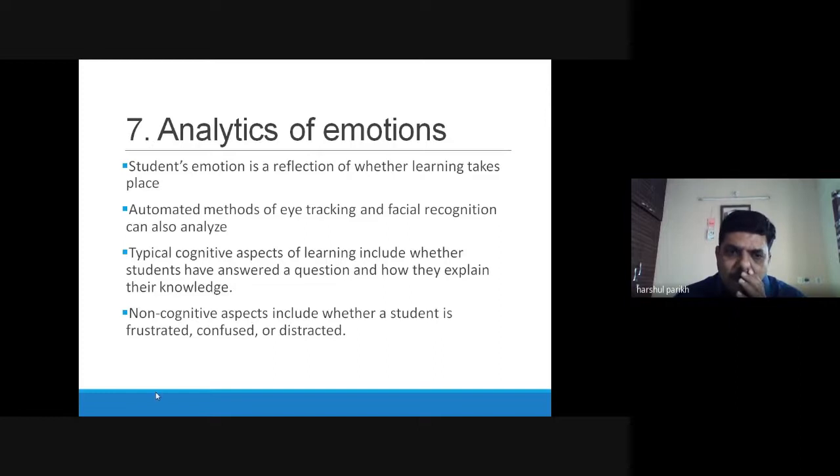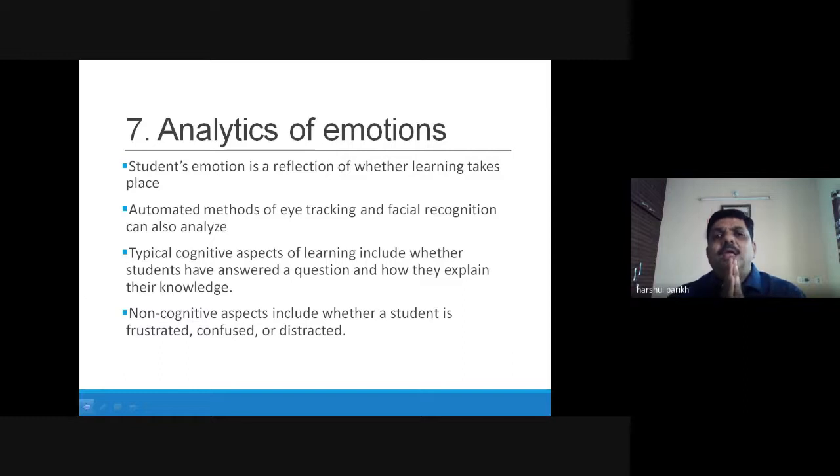Suppose a typical cognitive kind of learning includes whether the students have answered a question, how they explain their knowledge; that is a cognitive achievement. For the non-cognitive aspect, how can we judge whether the student is frustrated, confused, distracted, disengaged?